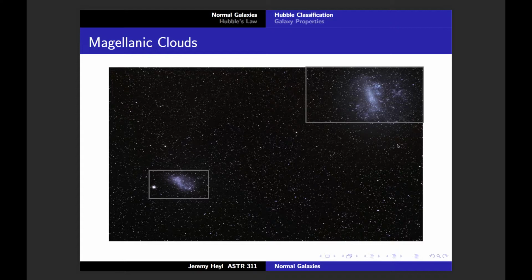So that's the Large Magellanic Cloud up in the right. The Small Magellanic Cloud is in the left. That bright thing here next to it is a globular cluster that we talked about, 47 Tucanae.